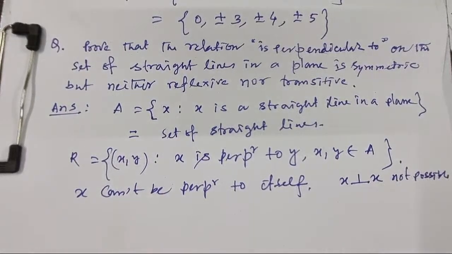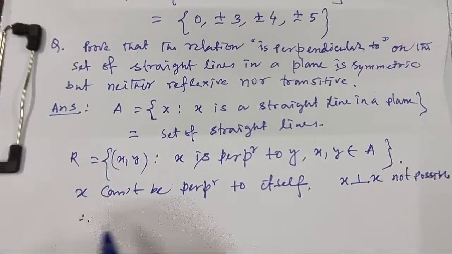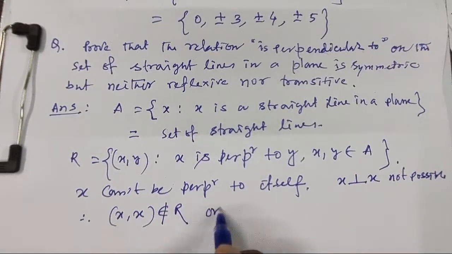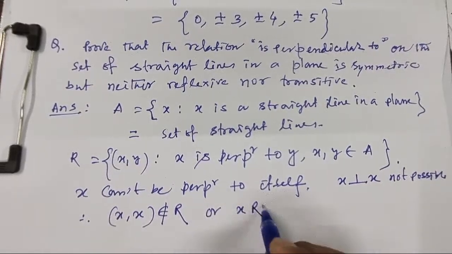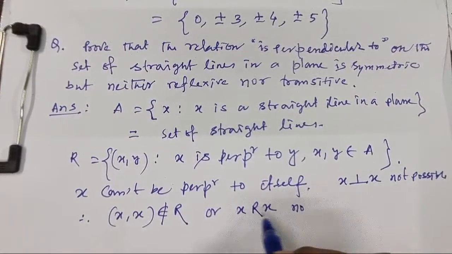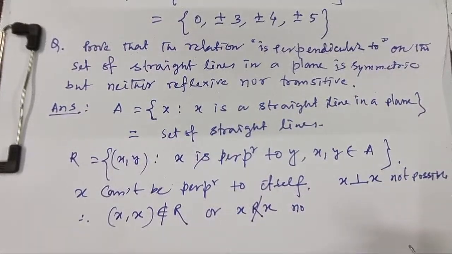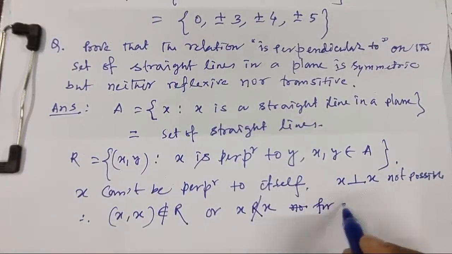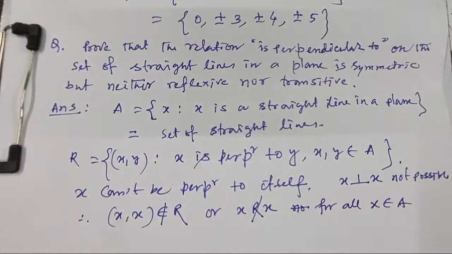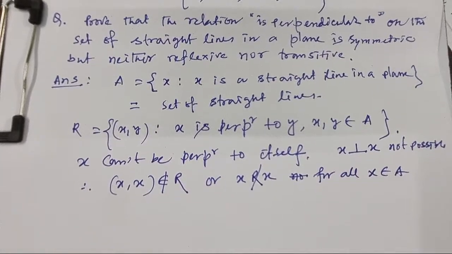If it is not possible, so (x, x) does not belong to R, or x R x does not hold for all x belongs to A. For any x value it is not possible, right?